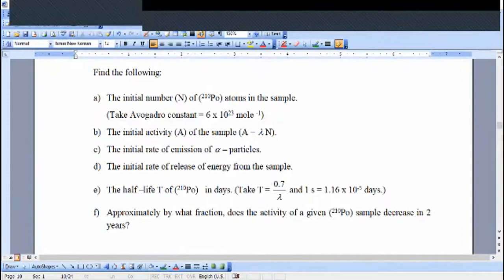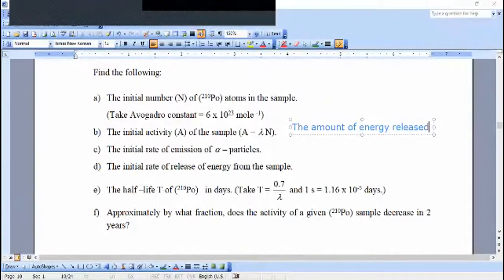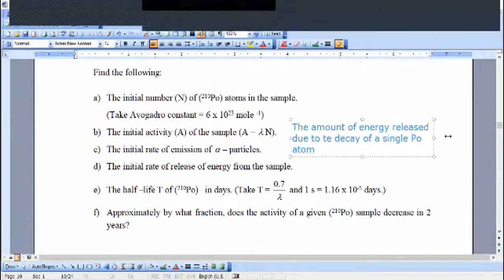The amount of energy released due to the decay of a single polonium atom. We have found this. Somebody please tell me this value here.